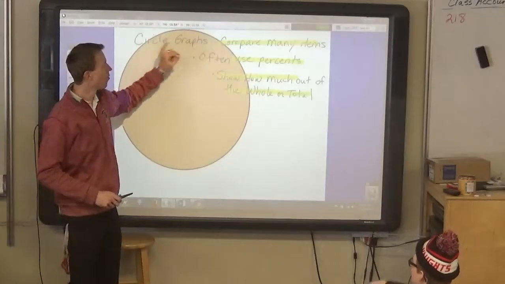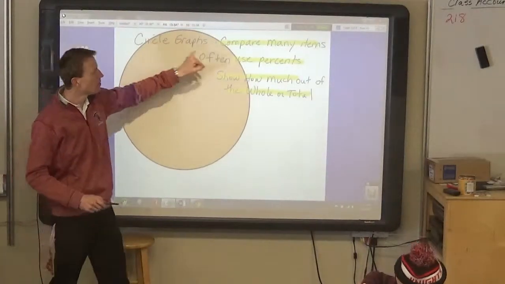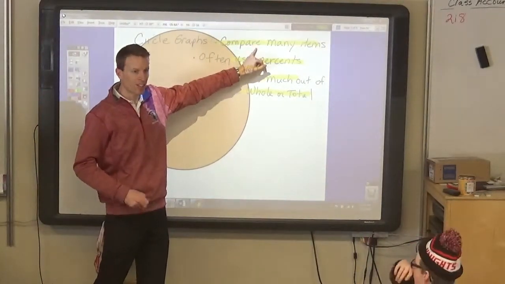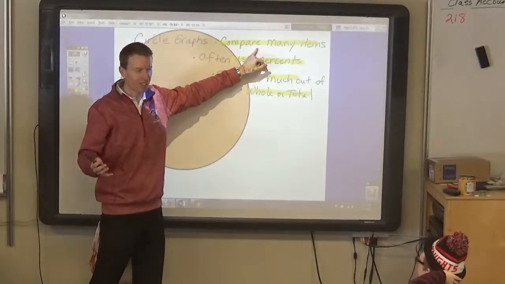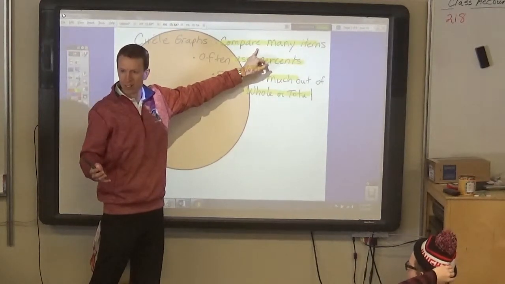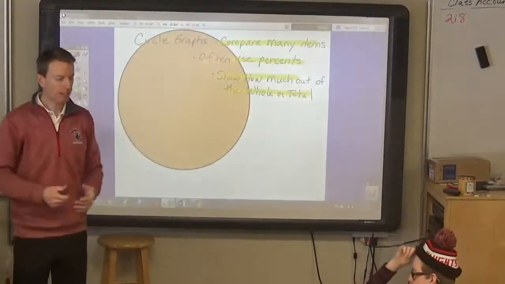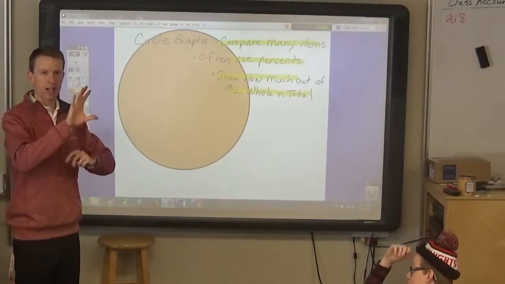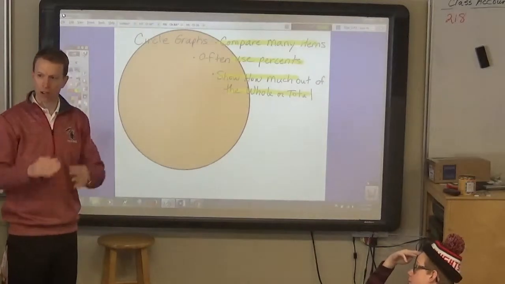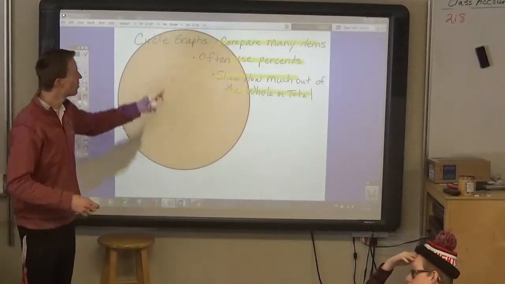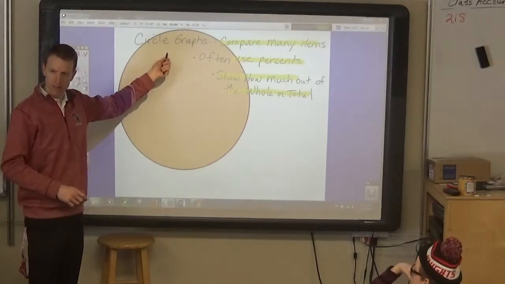And that's critical when we're talking about circle graphs. It's comparing the number of items, the number of votes, for example, out of the total possible. Anytime you are looking at parts out of the total or out of the whole, you'd want to use a circle graph to show that.